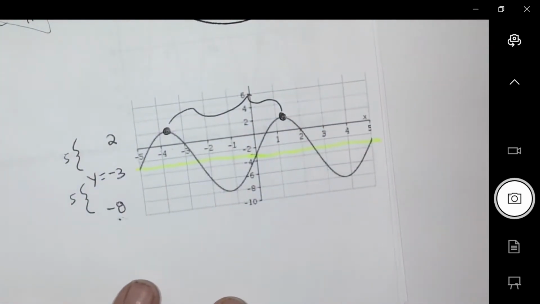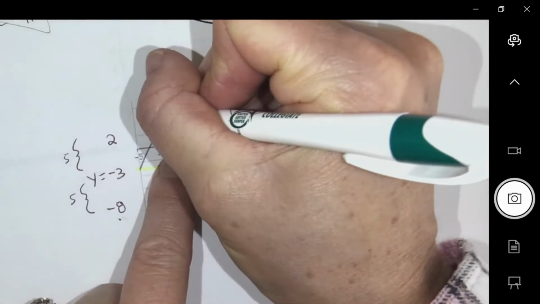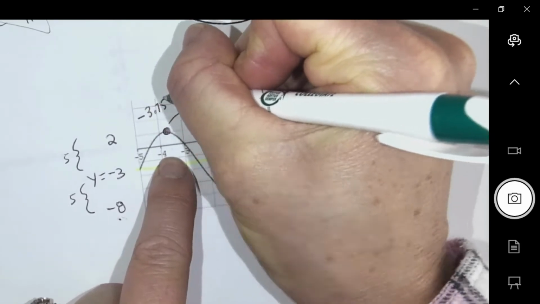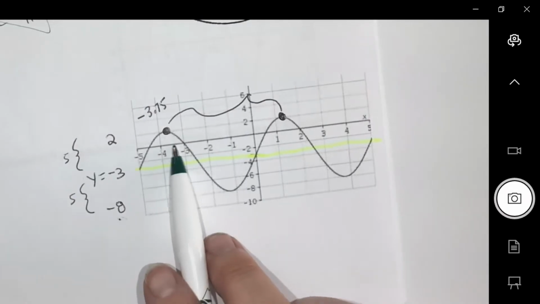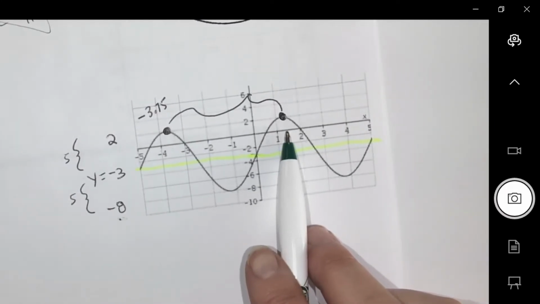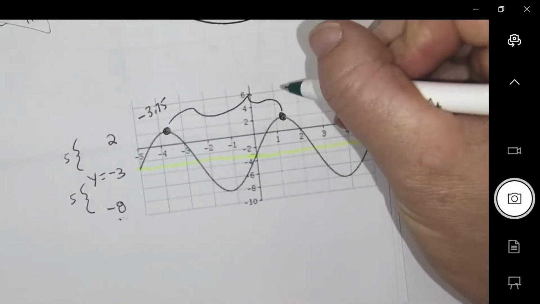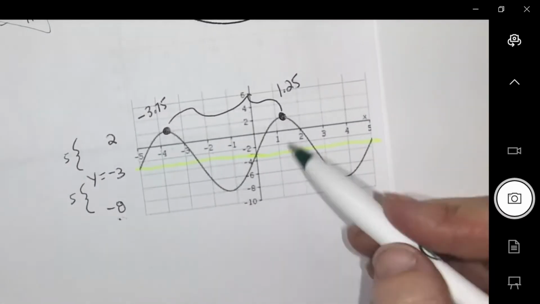How much space is between that? So this, I'm going to say, is -3.75. Does that make sense? Do you see how I'm lining that up on the x-axis? What do you think this would be called then? 1.25. Okay, I'm labeling those on the x-axis.